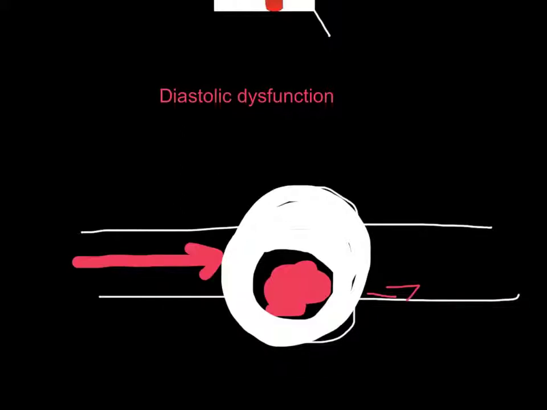And as I mentioned, some of the causes include myocardial fibrosis. That's just a disease in which some scar tissue is deposited in the wall of the ventricle of the heart. You can also have amyloid deposits, which is another form of tissue that ends up being deposited in the walls of the heart. You can have pericarditis.